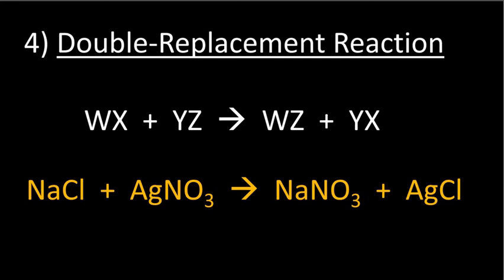And then you have a double replacement reaction where 2 pairs switch partners, and you end up with a mix that way. Okay? You will need to be able to identify what type of chemical reactions you are given.